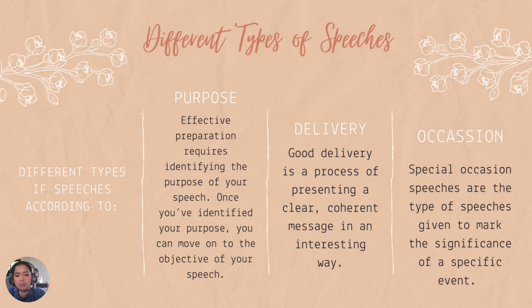When you identify your objective in speaking to a group of people, definitely you will know what type of appropriate words you are going to utilize, and therefore it's easy for you to interact and have a connection with the audience.